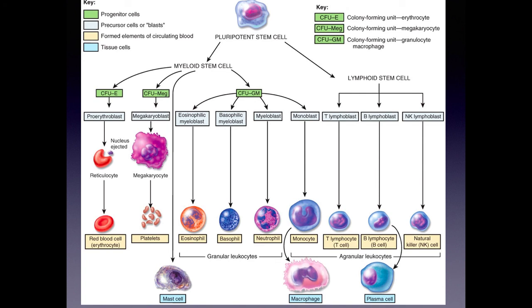If it becomes a lymphoid stem cell, the only thing that can result from that will be some type of lymphocyte, be it B, T, or NK cell. And if it becomes a myeloid stem cell, ultimately it can become any of the other formed elements except for a lymphocyte, which would include red blood cells, platelets, eosinophils, basophils, neutrophils, and also monocytes.